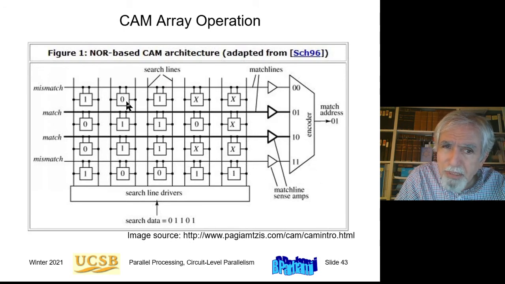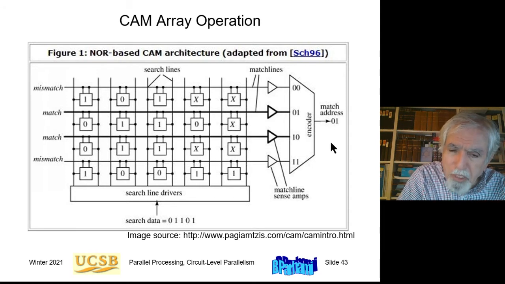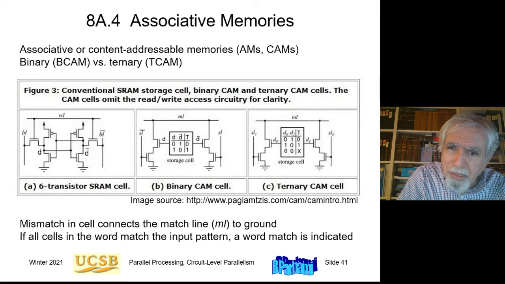So match line for word 0, match line for word 1, and in this case, 2 words have indicated match, 2 words have indicated mismatch, and then some kind of encoder is used to, let's say, the lowest match address will be output. Okay, let me go back now. I'll come back to this.